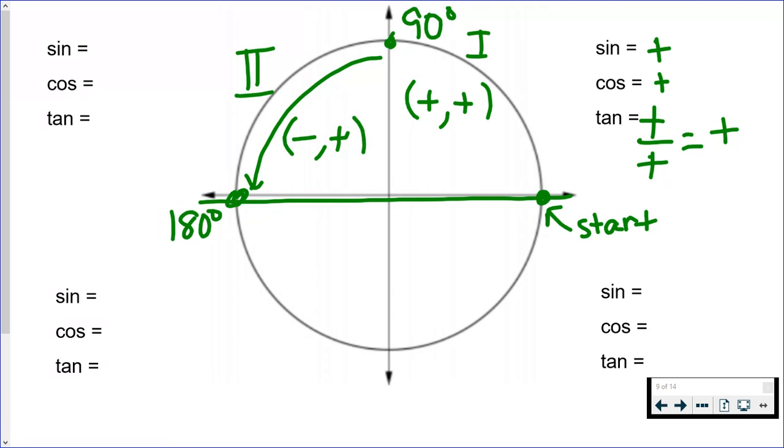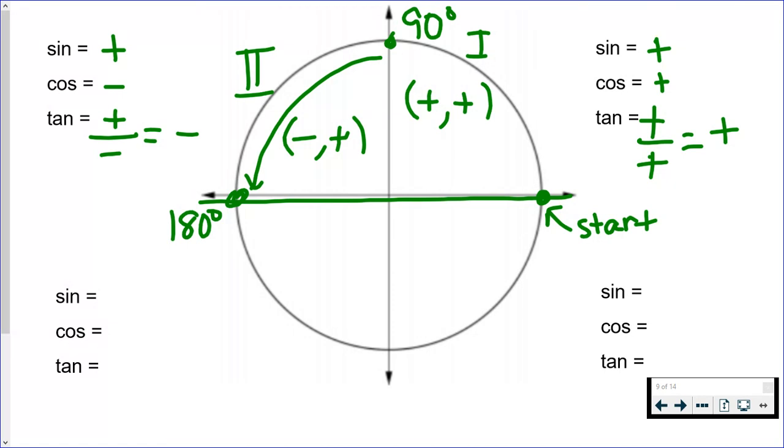That means sine is positive since that's our y values, but this time cosine is negative since we moved to the left. And tangent, remember, is y divided by x, or sine divided by cosine. So if you're asked for the tangent of an angle in this quadrant, it would equal a negative number. So if I asked you for the cosine of 120 degrees, that falls in quadrant 2, so cosine would be negative.